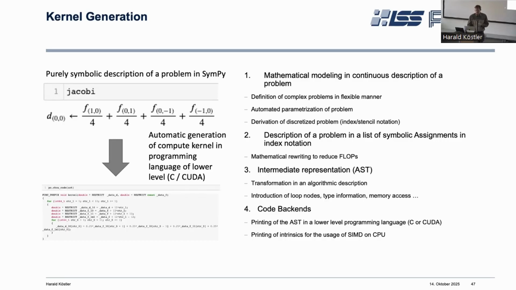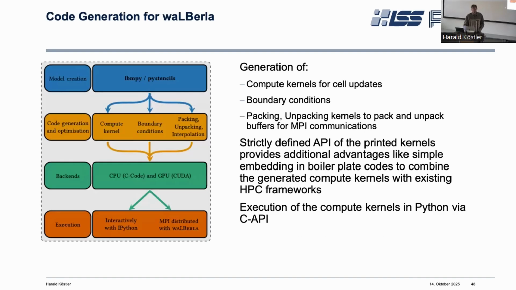And of course, we have also extended that in the last years, especially into the MPI and communication area, because since waLBerla is very often run on larger HPC clusters, the communication part is essential.